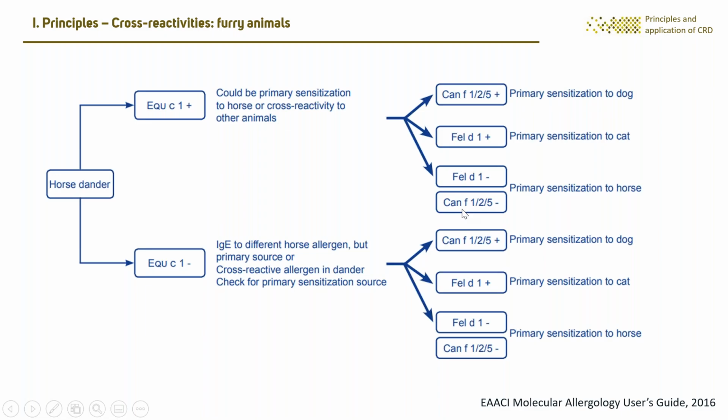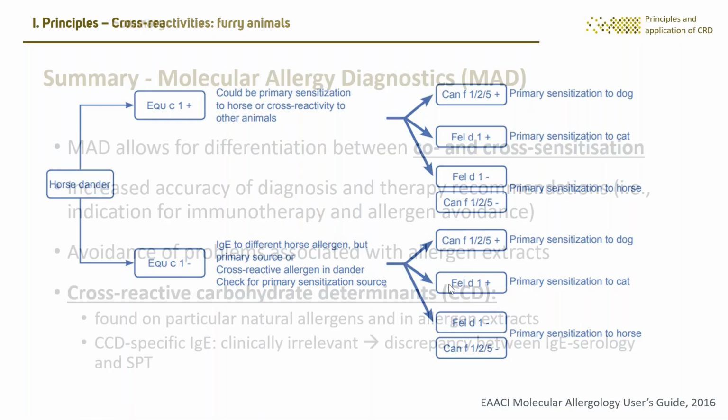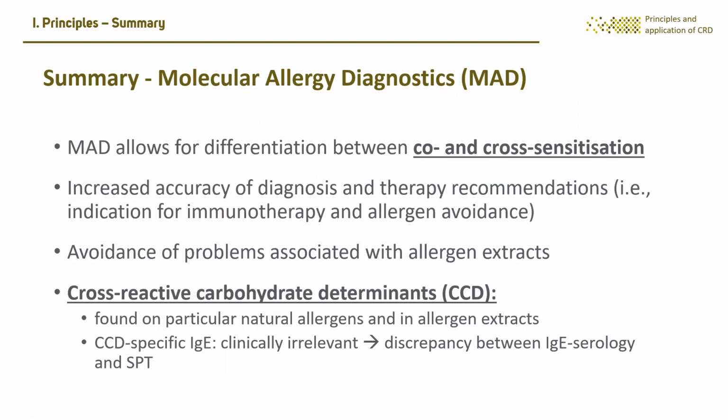So in some cases, it's a bit more tricky, but using these marker allergens finally will help you at the end to differentiate, if your patient who is clinically and also in diagnostic tests reacting to several allergen sources, you have a case of co-sensitization or rather of cross-sensitization. And ultimately, this could help you to increase the resolution of your diagnostic endeavor, to increase accuracy of your diagnosis.